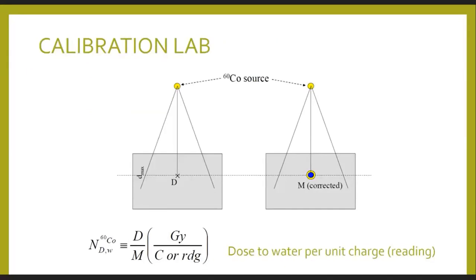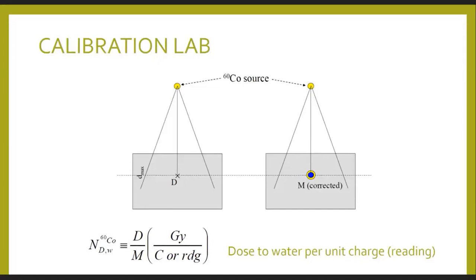The same setup that we have earlier is done in the calibration lab. In the calibration lab, the dose at a reference depth is well known by the absolute dosimeter.